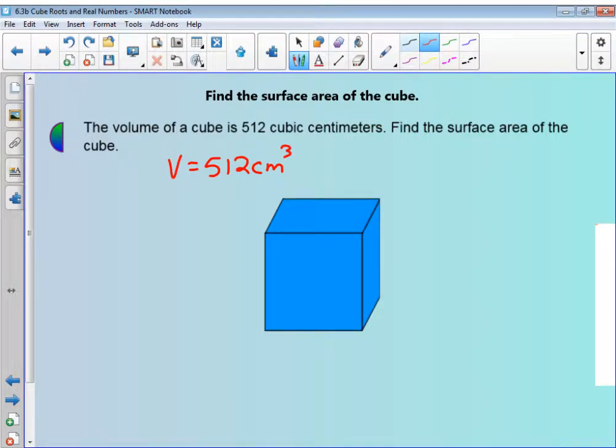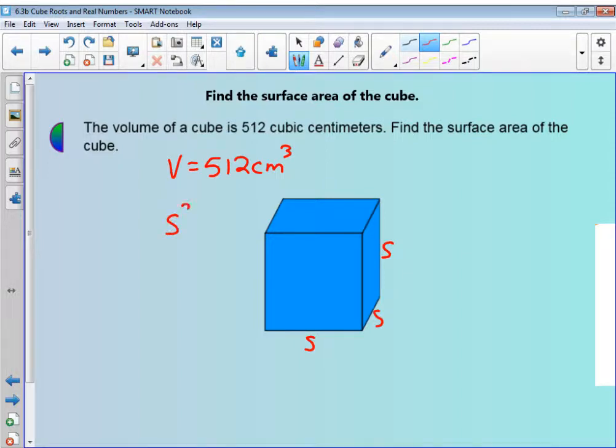So I need to figure out what each side measurement is. So I've got a base of S, a width of S, or the distance back, and a height of S. Okay, so I've got 3 S's, right? For my volume, I would multiply those together.